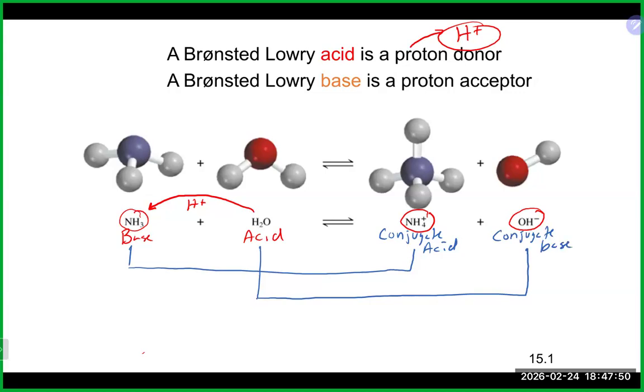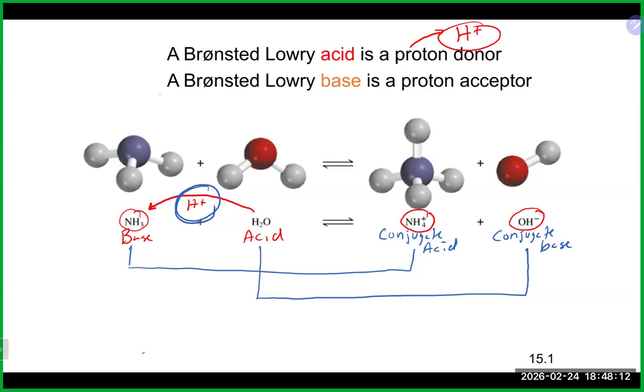So there are always these partners and relationships that occur in the Bronsted Lowry definition. And the absolute only difference that there can be between, say, a base and its conjugate acid, or that acid and its conjugate base, is this guy right there.